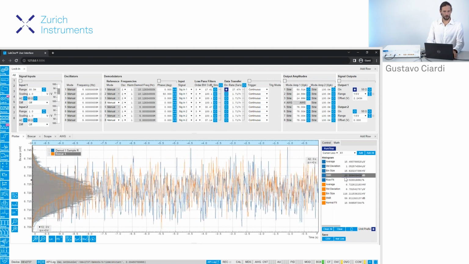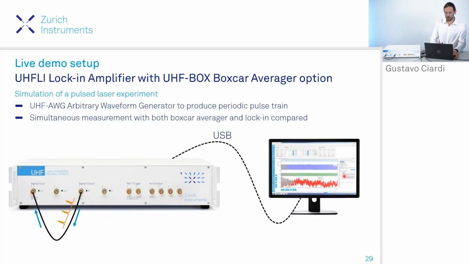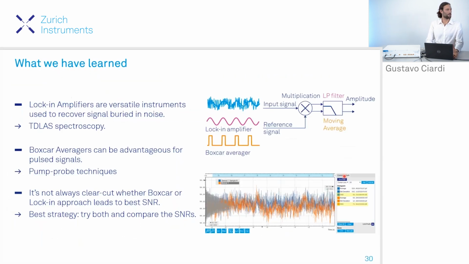Okay, so now going back to our presentation, let's wrap it up. Basically, what we have seen is that lock-in amplifiers are generally versatile instruments that are used to recover signals that are small and buried in the noise, as we've also seen with the example of TDLAS spectroscopy. Boxcar averagers can be advantageous in cases with pulsed signals, where the duty cycle of my signal is low.